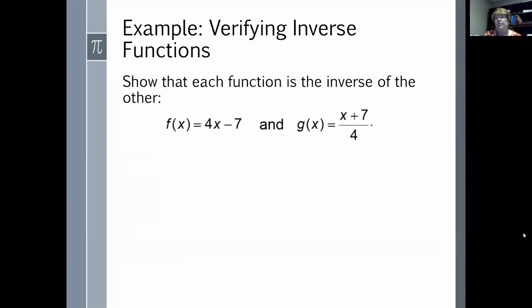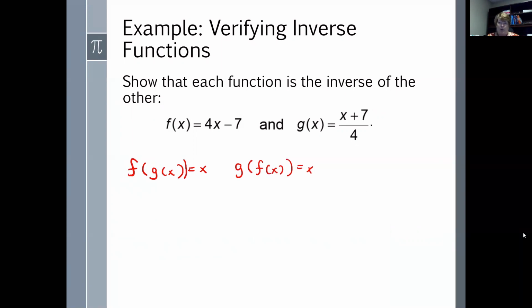Okay, so let's show that these two functions are inverses of each other. To be able to show these two functions are inverses of each other, I must evaluate f at g of x and get x. But I also must evaluate g at f of x and get x. So I need to evaluate both of those and see if I get x.